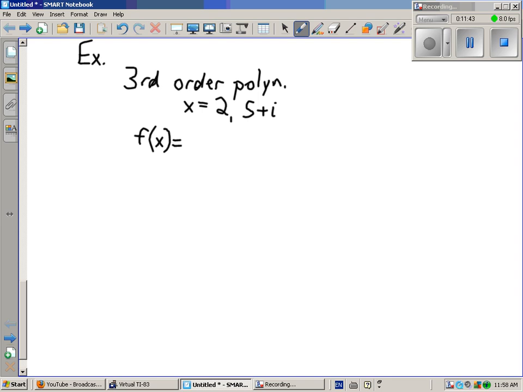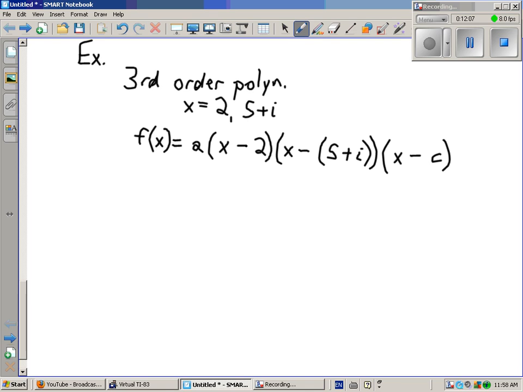So our function definitely has the factors. Now, it could have a constant out front, but don't sweat that. It's definitely going to have x minus 2, x minus (5 plus i), and then some other number. I've been doing a, b, and c, so I'll just do x minus c.